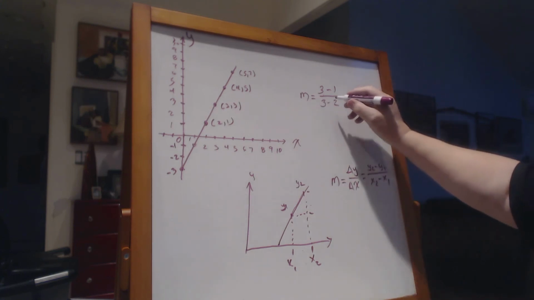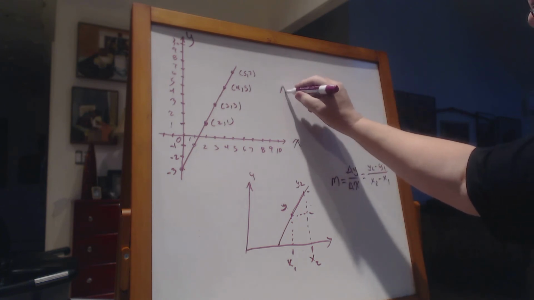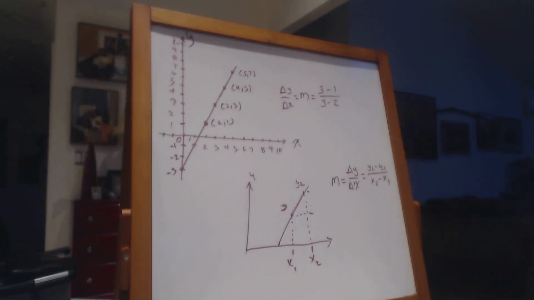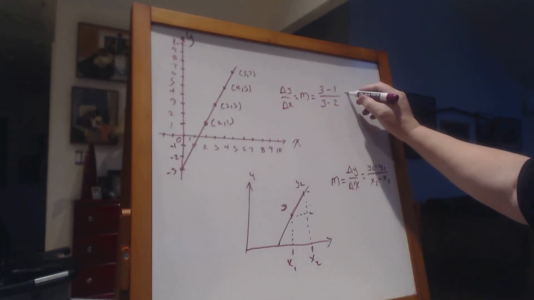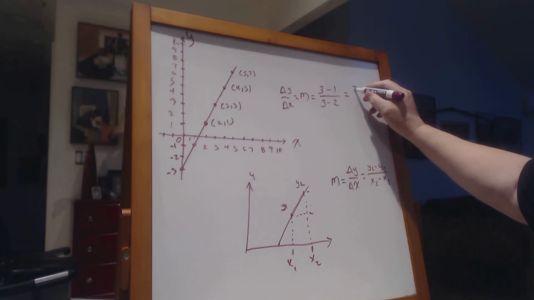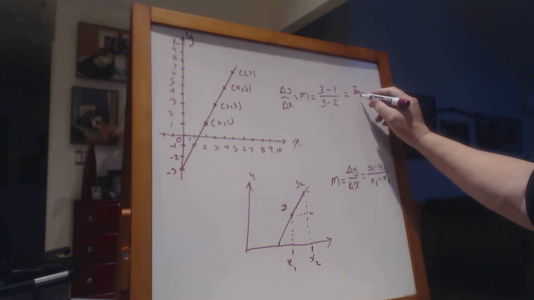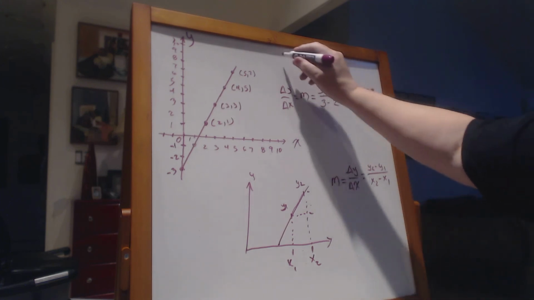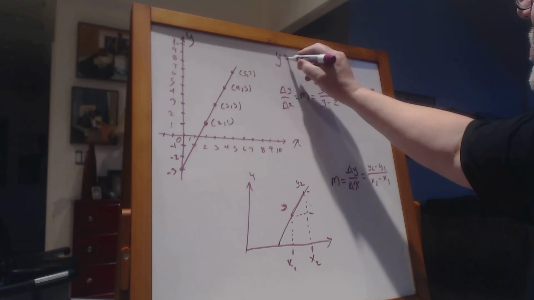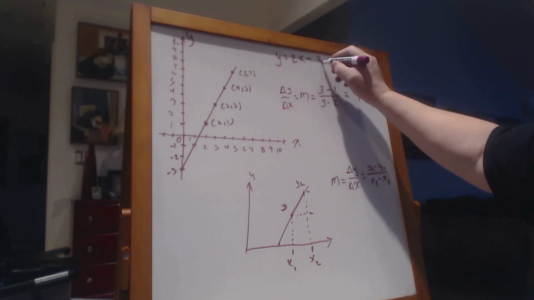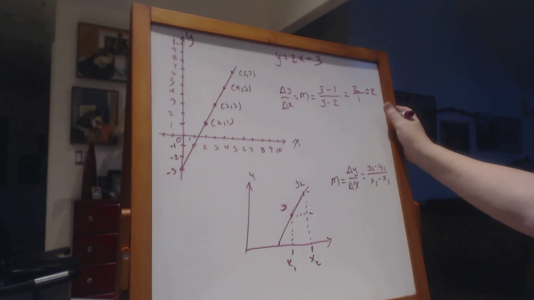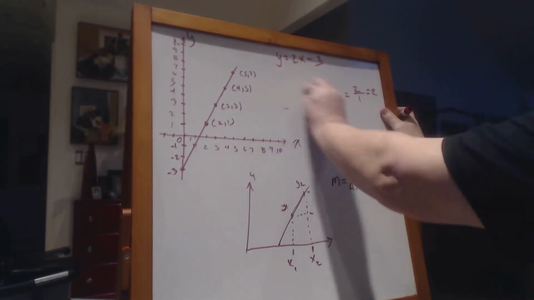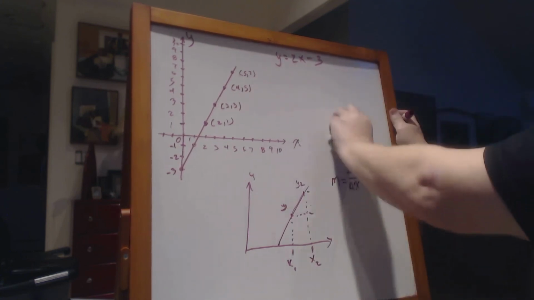That's the change in y over the change in x for this function. We have 3 minus 1 is 2, 3 minus 2 is 1, and that's equal to 2. And remember, our function was y equals 2x minus 3. And no matter where we go, that slope isn't going to change any.